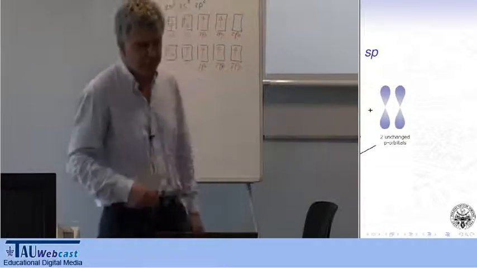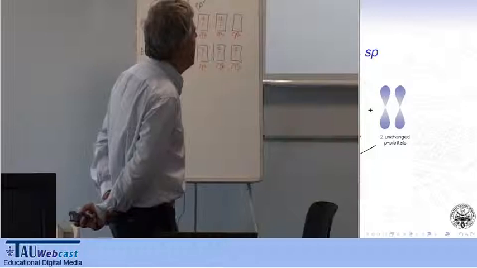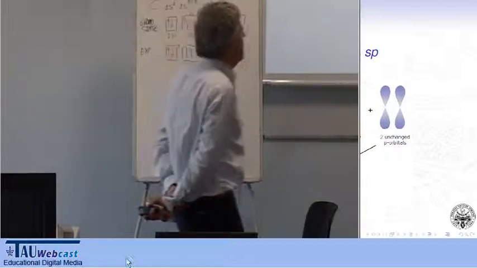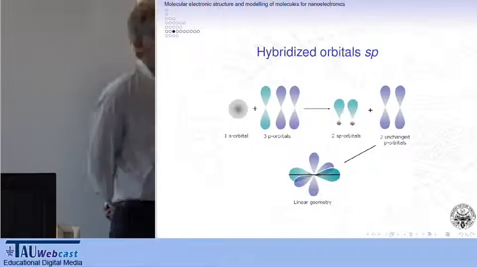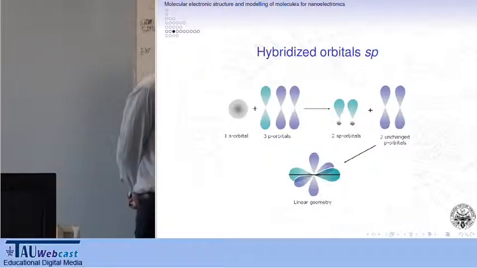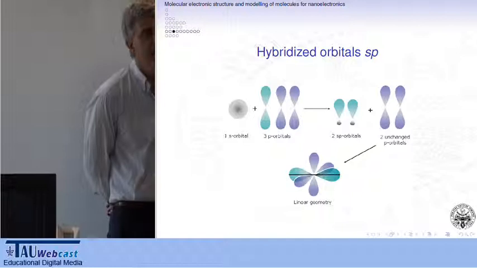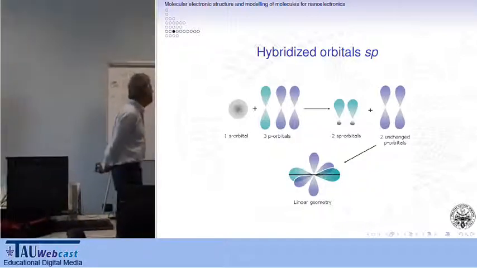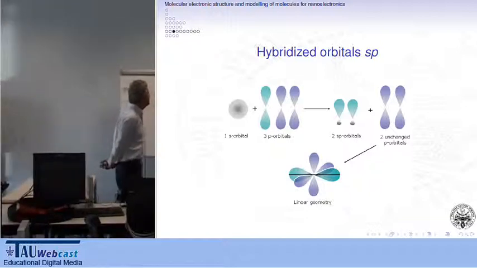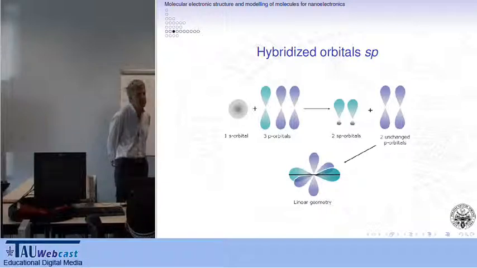In the same way, s orbital and p orbital will produce a new shape. So you know that a hybridized orbital can be sp, sp2, sp3, depending on the quantity of the p orbitals involved in the hybridization. Here we see that the three p orbitals interact with the 2s orbital when carbon is excited.